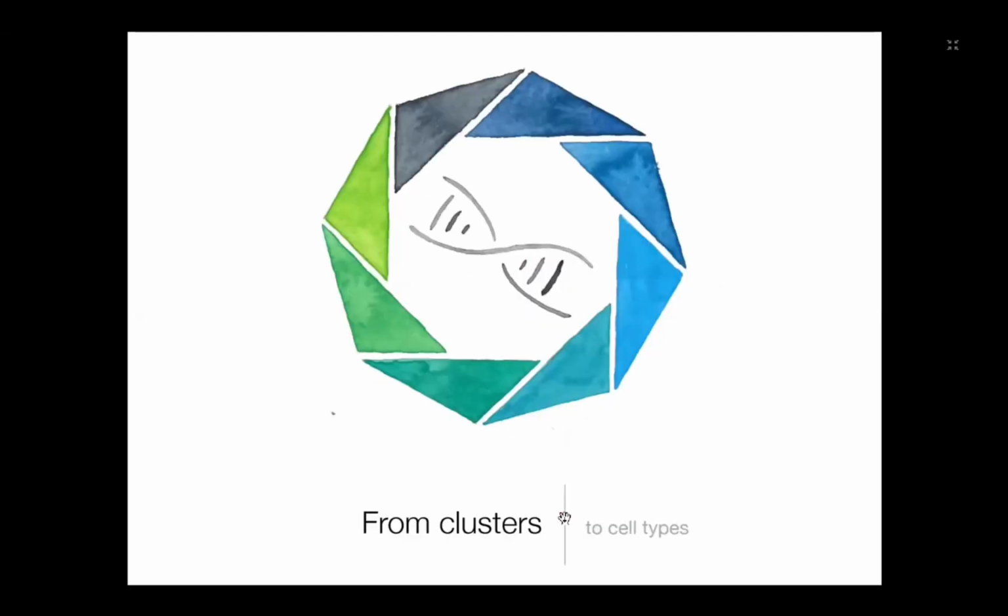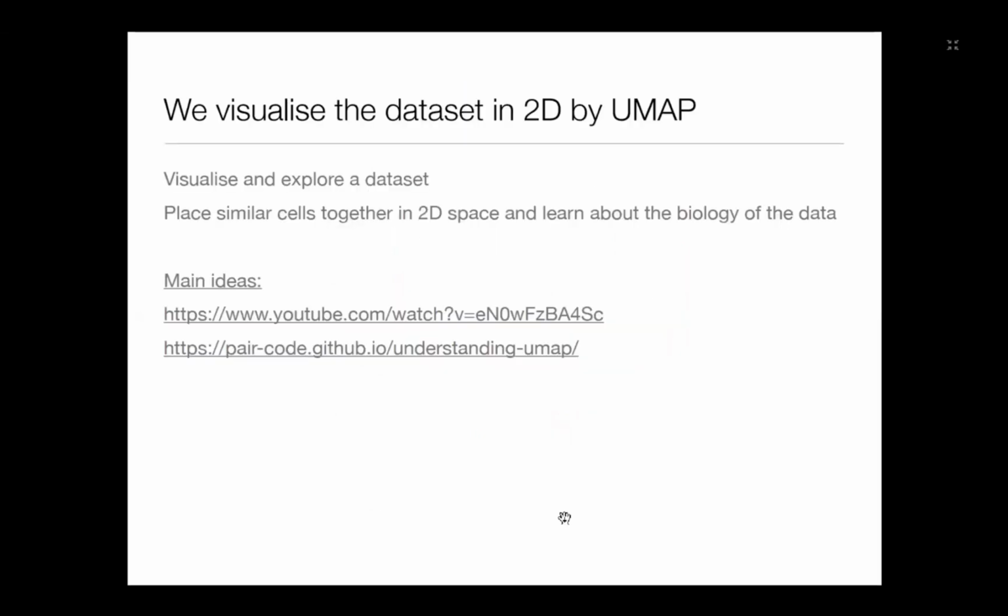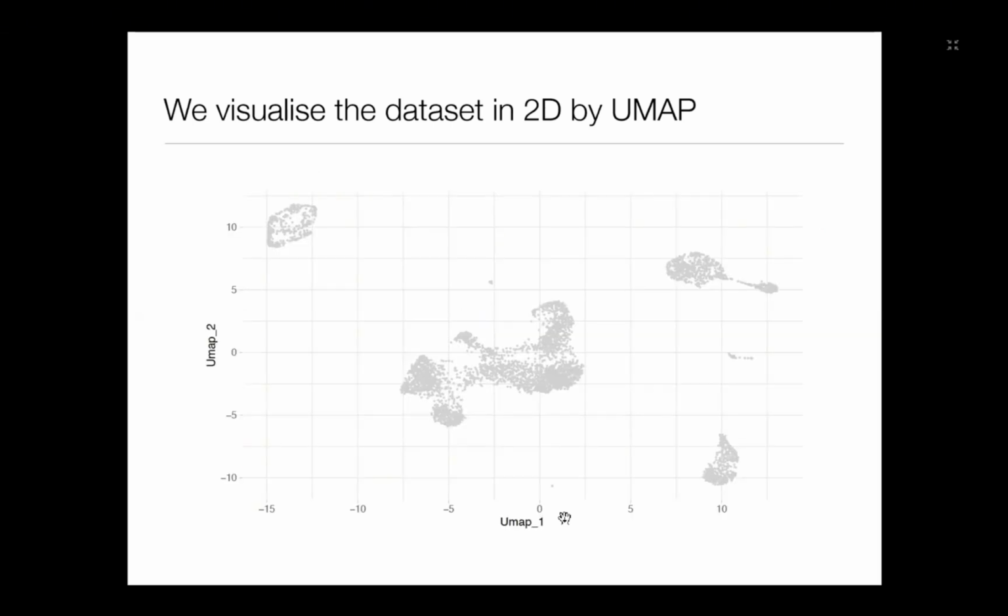So we can now go from clusters to cell types. First of all, we would like to visualize our dataset in 2D by UMAP. The idea is that we look for similarities in the gene expression profiles in a high-dimensional space, and then we project this knowledge into a 2D space. That would be the result for the dataset we're looking at.